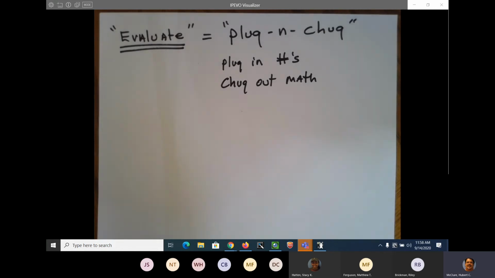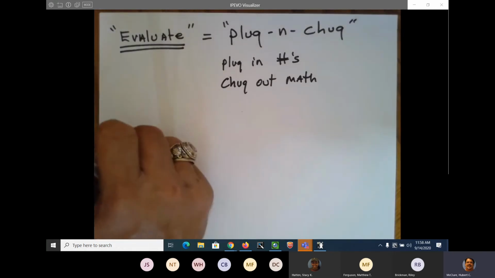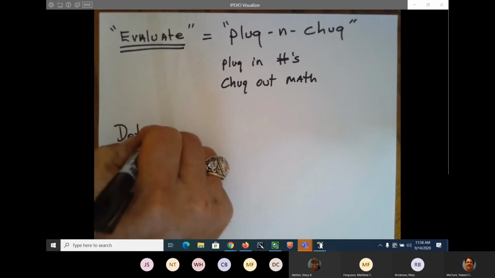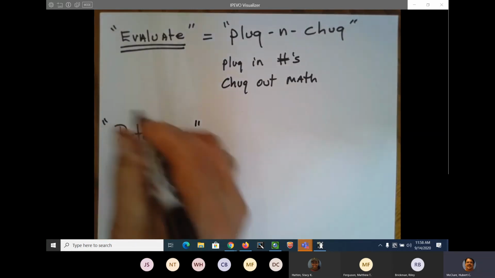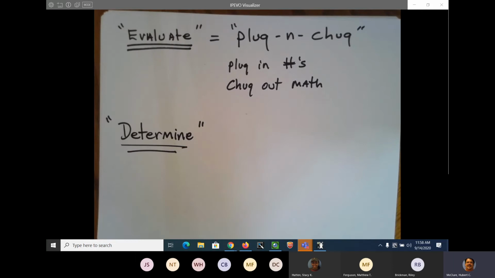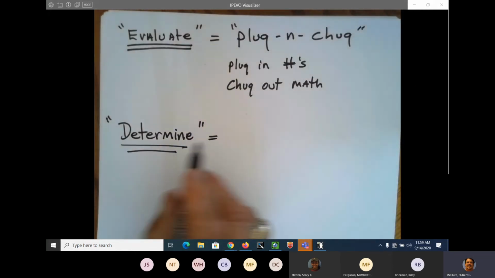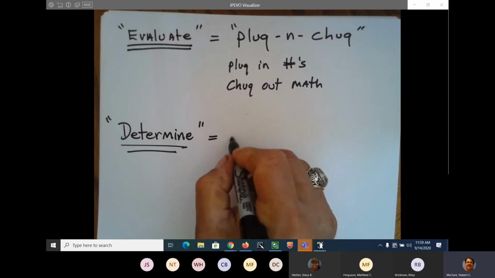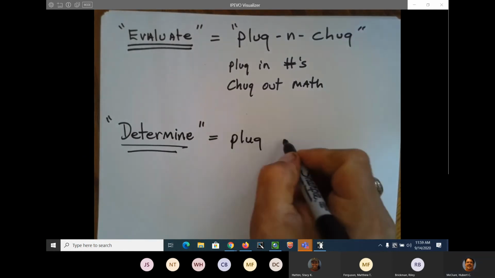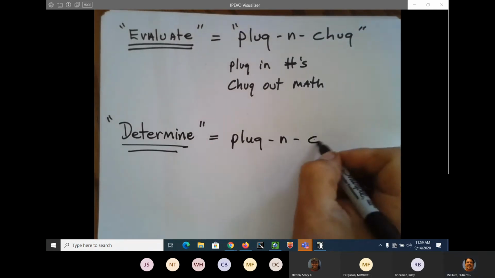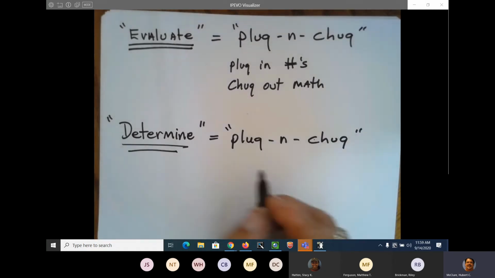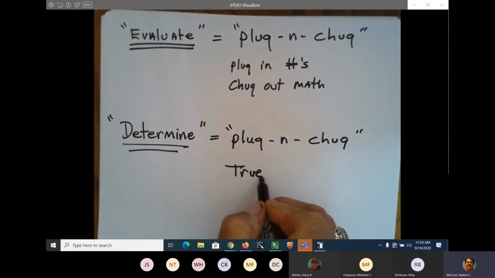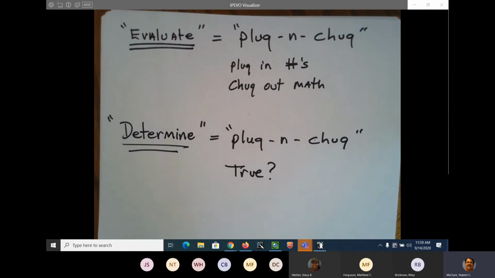But anyway, all right. Determine is another word that you're going to see in the directions on a standardized test and my test. Well, then what's the difference in this one and that one? You still use plug and chug. Determine is going to ask you if something is true or not at the end.